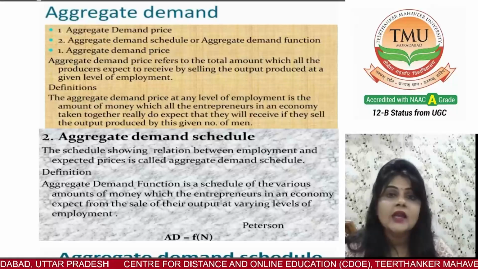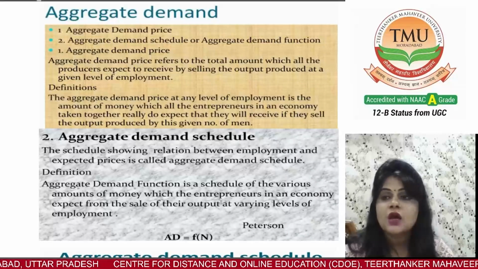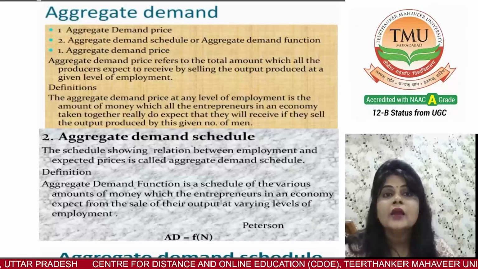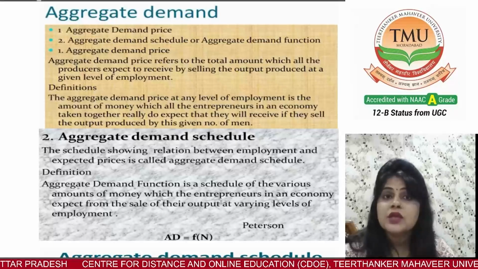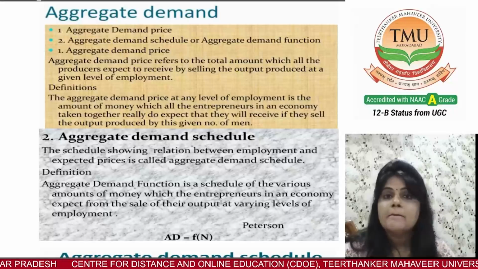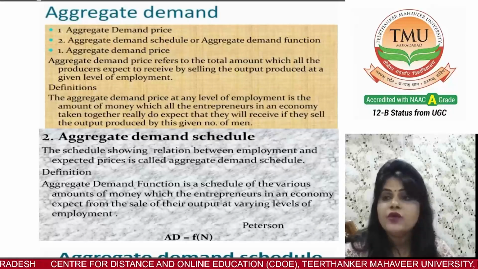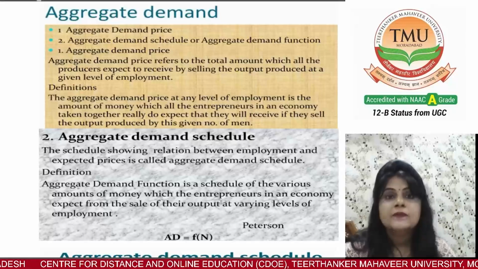Aggregate demand price refers to the total amount which all the producers expect to receive by selling the output produced at a given level of employment.